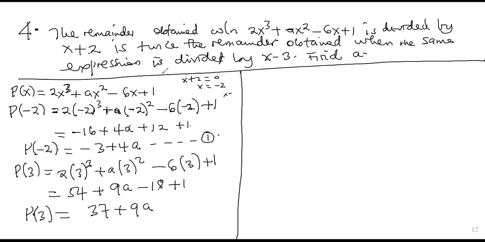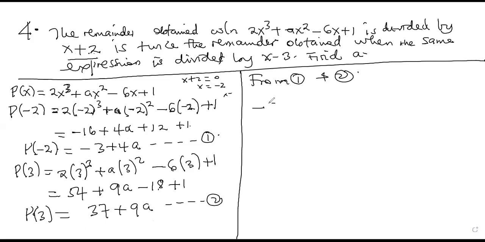But the question is clear. This is my equation 2. From 1 and 2, they have said that the remainder obtained when it is divided by x plus 2 is twice the remainder obtained when it is divided by x minus 3.